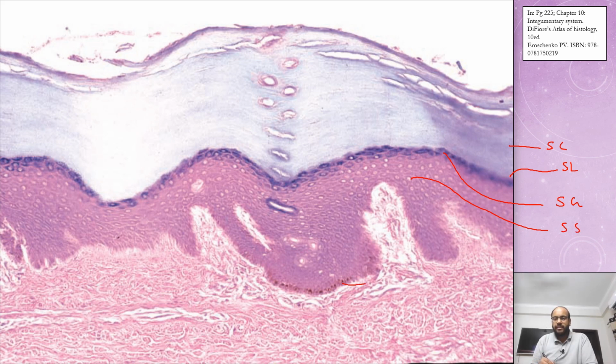And just at the dermoepidermal junction, you have the stratum basale. Remember, the stratum basale is one cell layer thick. The rest is predominantly made up of stratum spinosum and a little bit of stratum granulosum, and most of the corneocytes reside at the level of the stratum corneum.